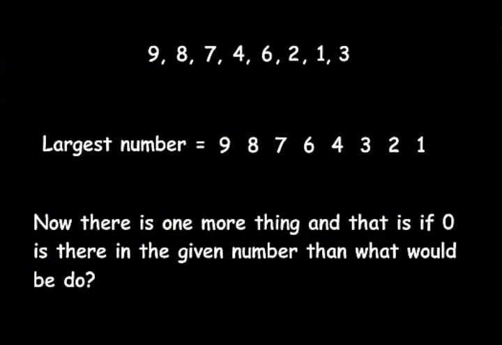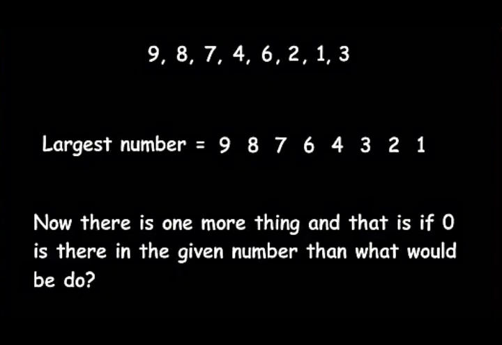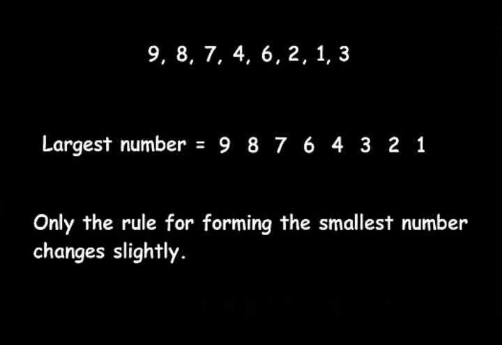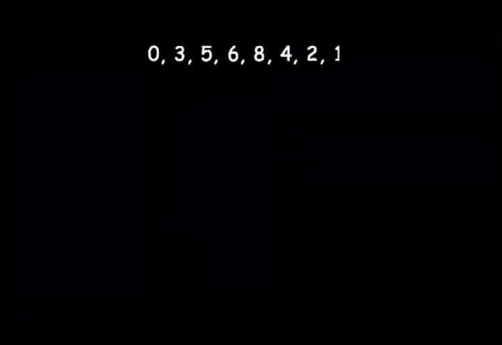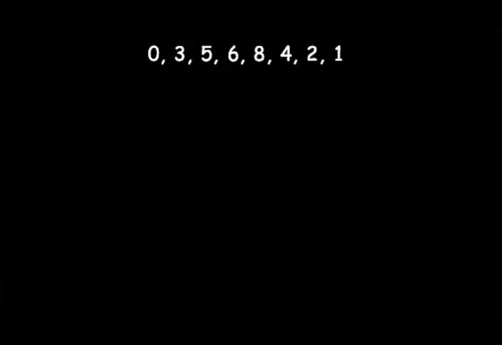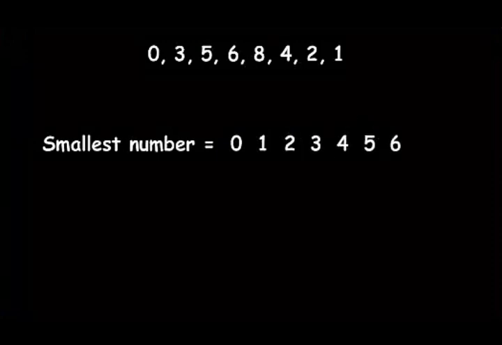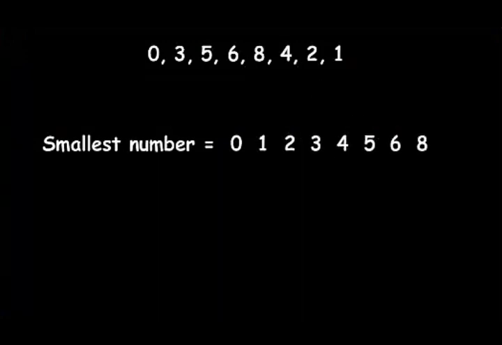Now there is one more thing, and that is, if 0 is there in the given number, then what would we do? Only the rule for forming the smallest number changes slightly. To understand, let us take an example. Consider these digits 0, 3, 5, 6, 8, 4, 2, 1. To form the smallest number, rewrite the digits in ascending order like this.